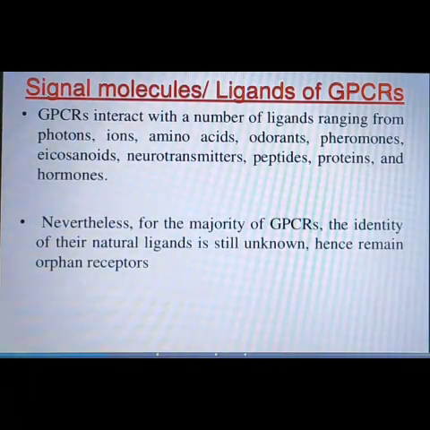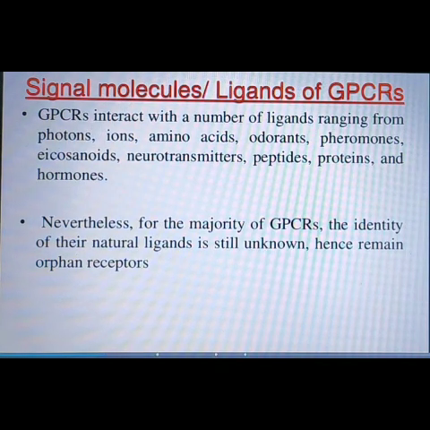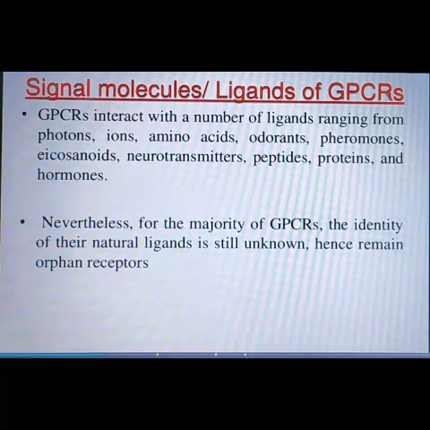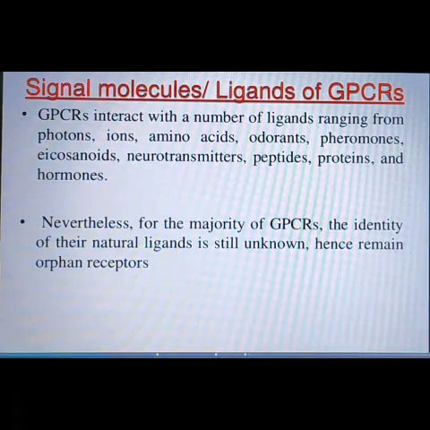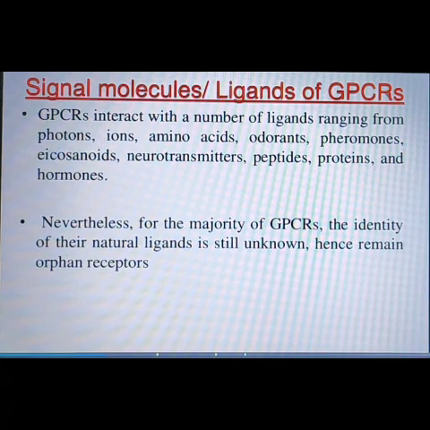The signal molecules, or ligands, of GPCRs. GPCRs interact with a number of ligands ranging from photons, ions, amino acids, odorants, pheromones, eicosanoids, neurotransmitters, peptides, proteins and hormones.